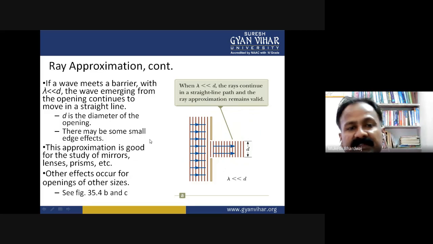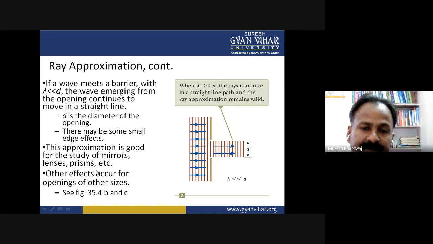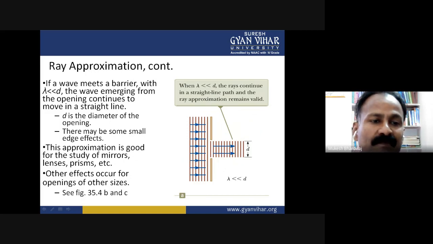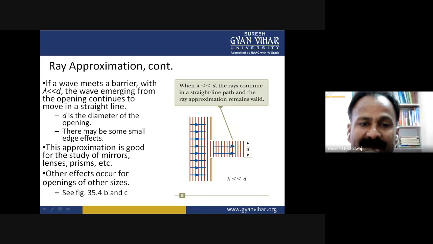If a wave meets a barrier with lambda very much less than d, the wave emerging from the opening continues to move in a straight line. d is the diameter of the opening.